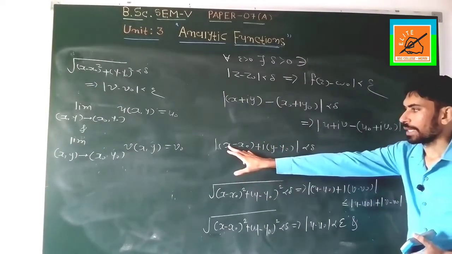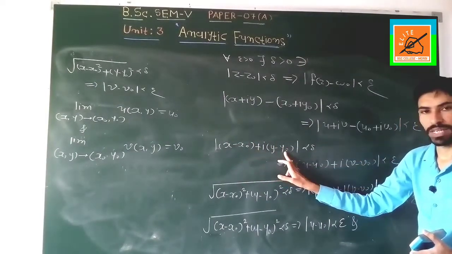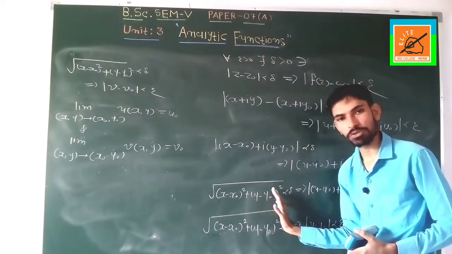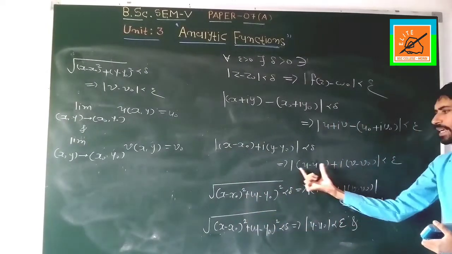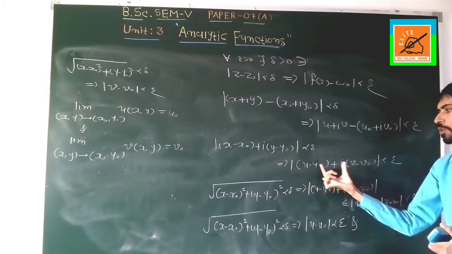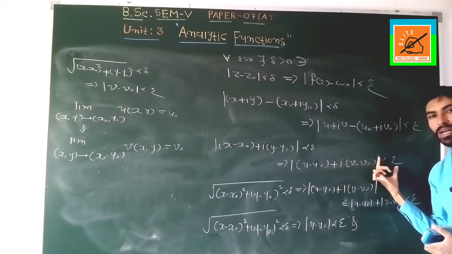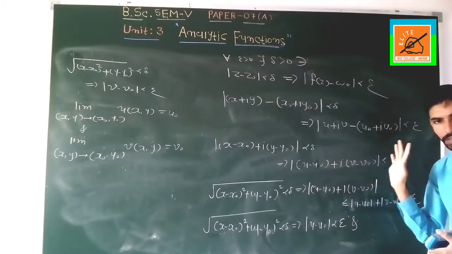So now x minus x0 plus i times y minus y0 can be written as under root x minus x0 whole square plus y minus y0 whole square less than delta. Here we apply our inequality: modulus of u minus u0 plus modulus of v minus v0 less than epsilon, and modulus of i is 1.